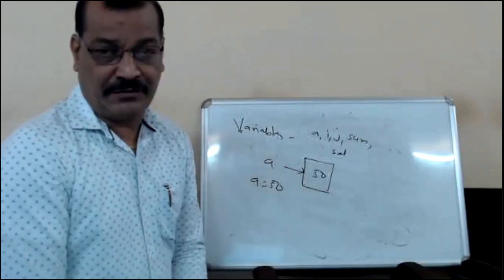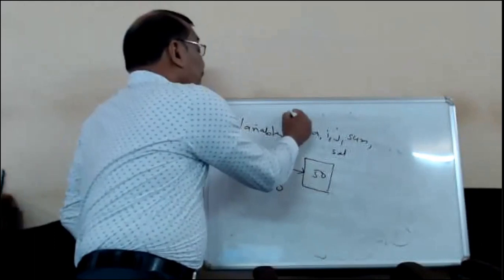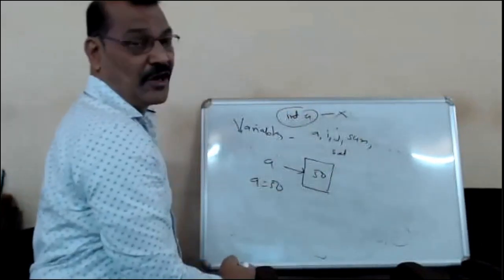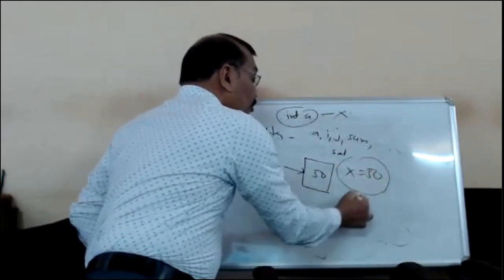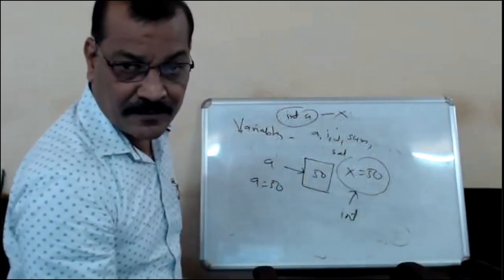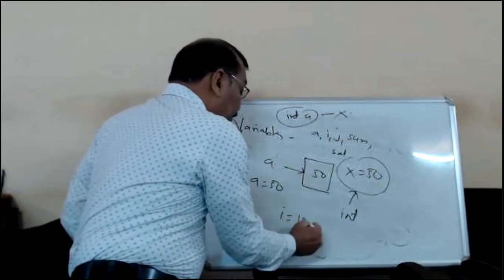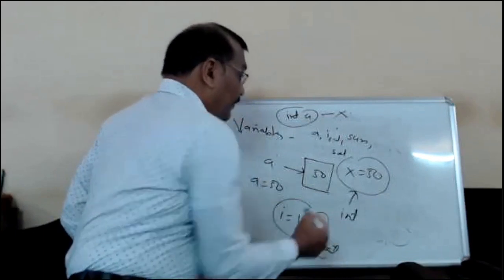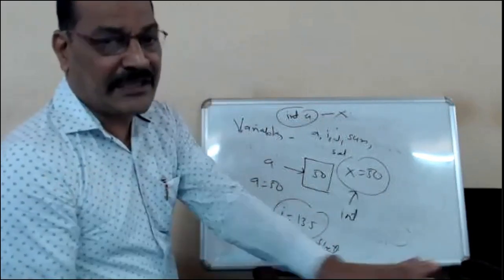It is not necessary to declare a variable like int a. But whenever you define x is equal to 50, it automatically indicates this is an integer. And whenever you define I is equal to 13.5, it automatically indicates this is a float. That's why it is not necessary to define or declare a variable in Python.